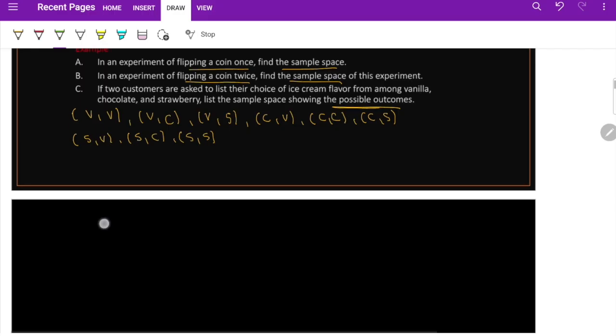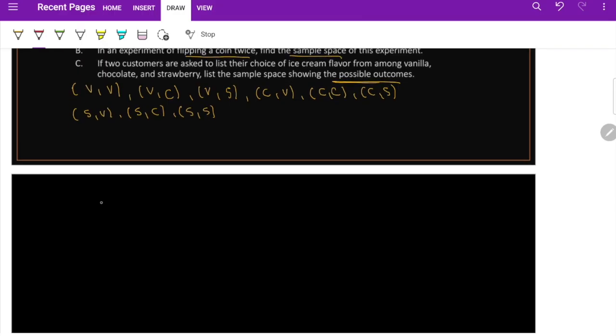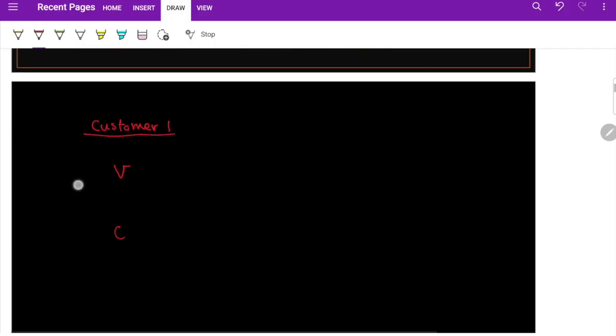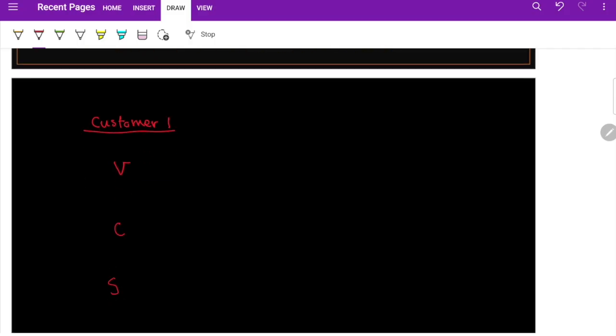We can represent this using a tree. We can put the first customer here. Let's say customer 1. What are the choices that customer 1 is going to choose from? Maybe he's going to say vanilla, or chocolate, or strawberry. If he chooses vanilla, let's write here the second customer, customer 2.